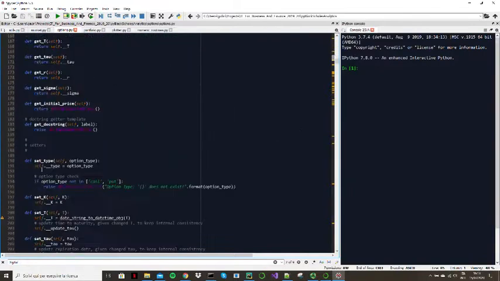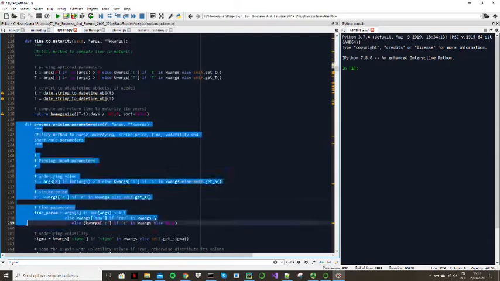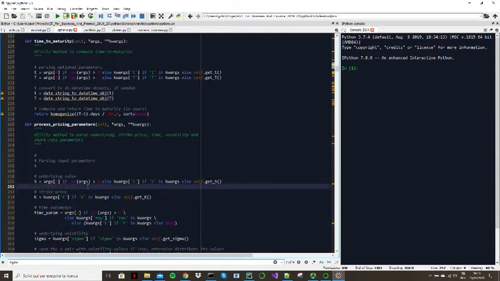here, which is the process pricing parameters method. I have basically extended the flexibility of our class, allowing for several compositions of parameters, and we will see what I mean.